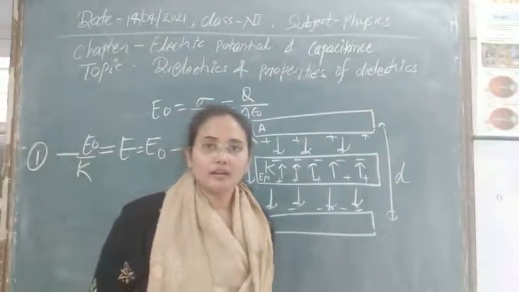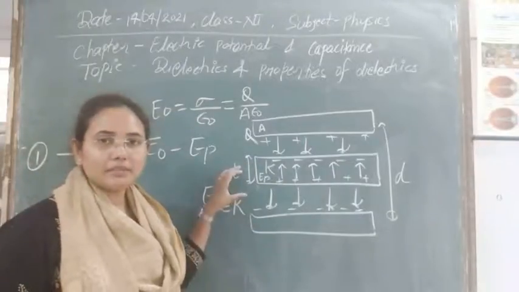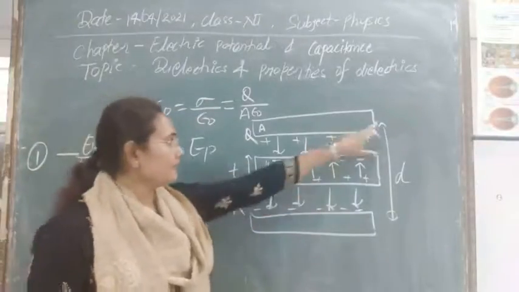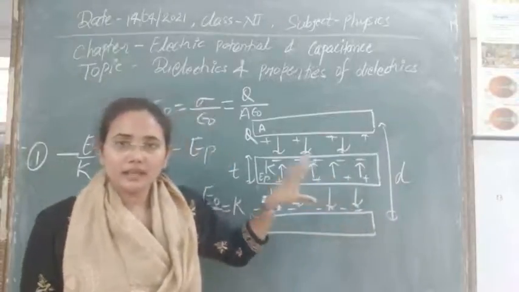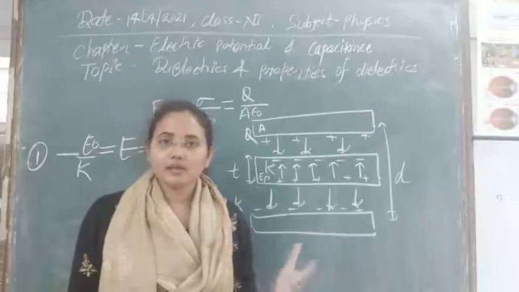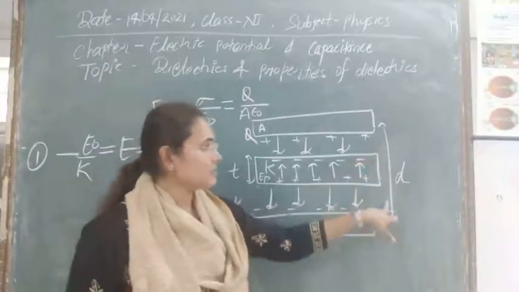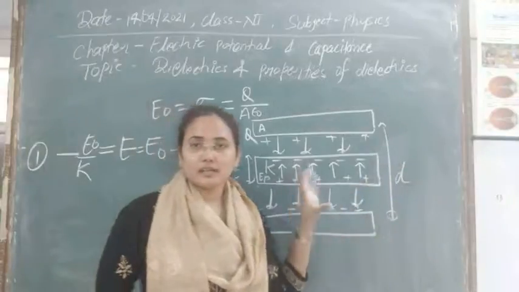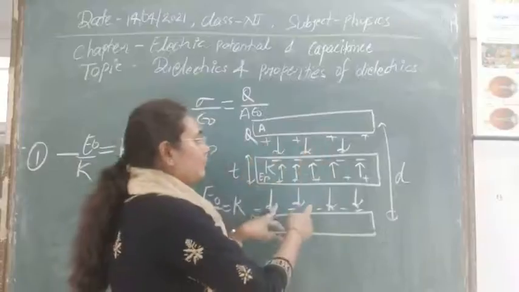Now the thickness of this dielectric slab is small t, and the distance between the plates is d. Obviously the external electric field is effective only up to the distance d minus t, because it is not effective inside the slab, it is effective outside it.